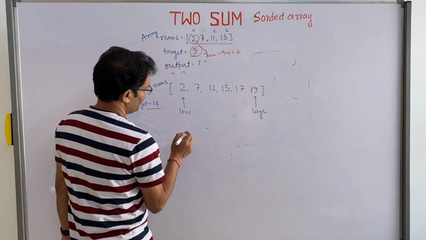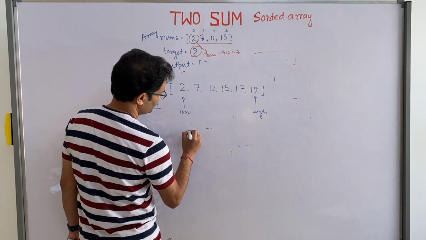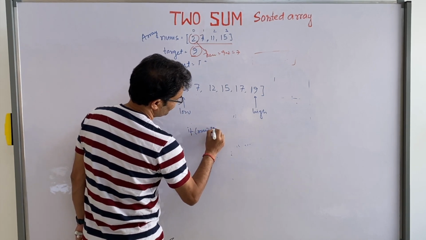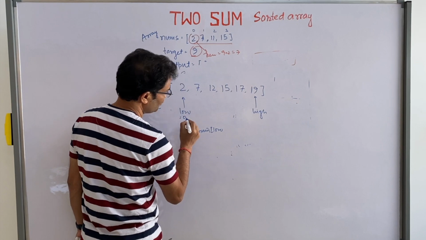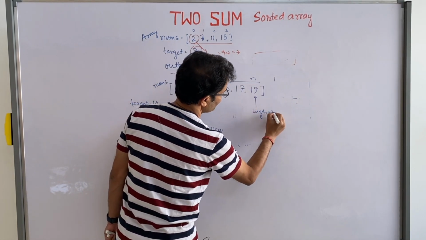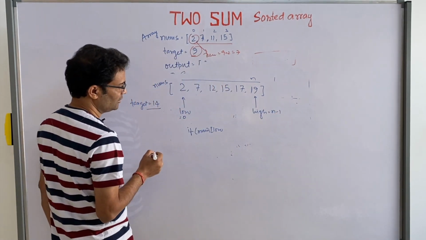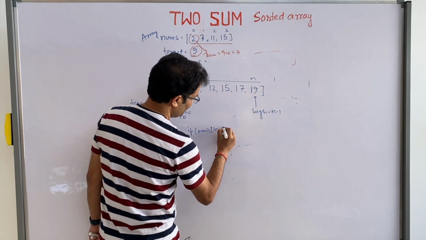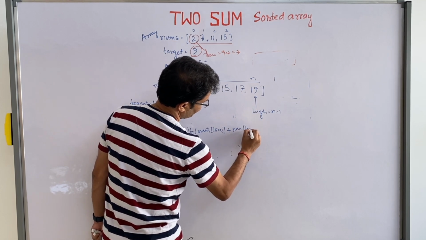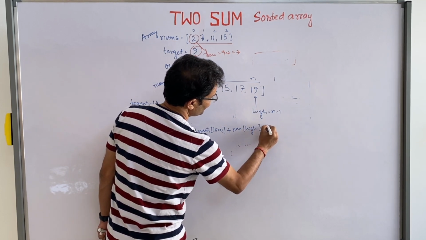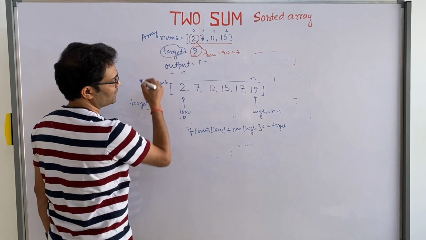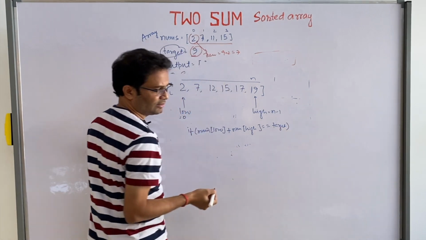Then you compare: nums at low plus nums at high. Suppose the range is n, so of course the last index would be n minus 1. If this element plus this element is equal to target, then there is no need to do anything.